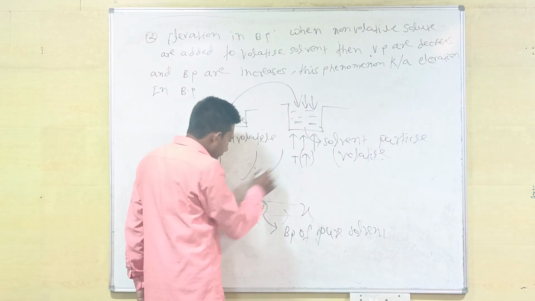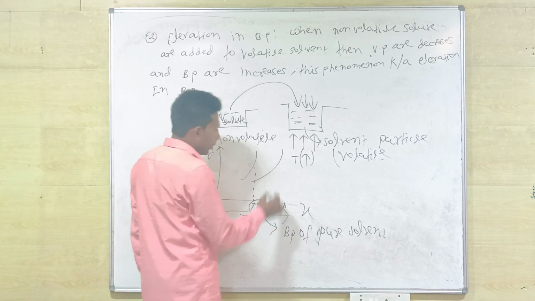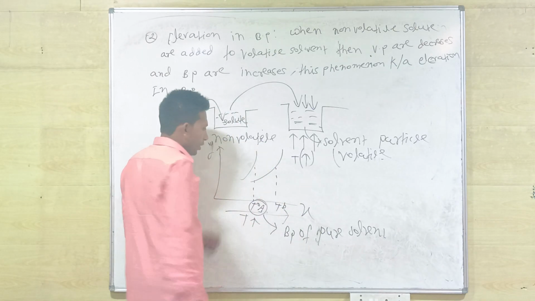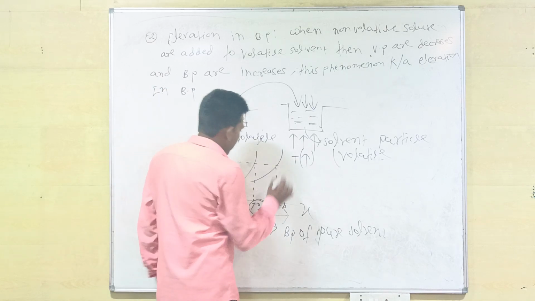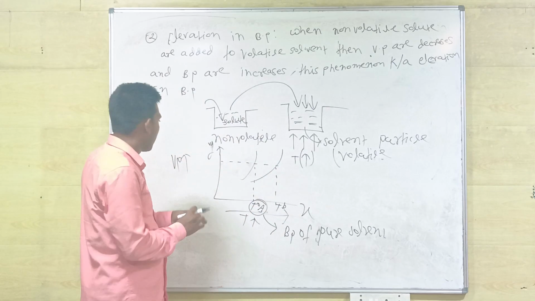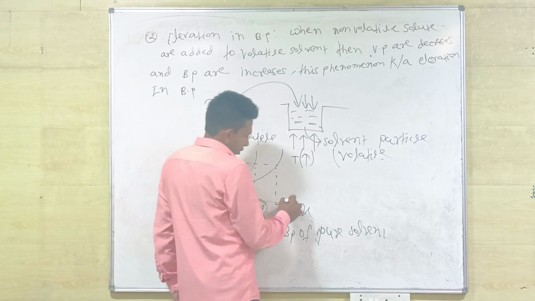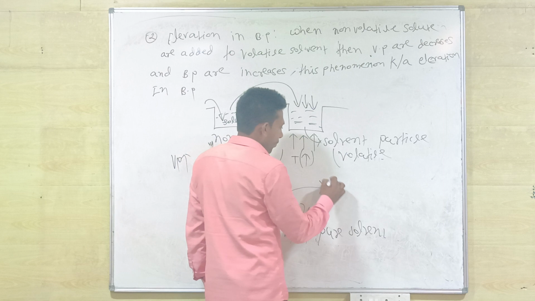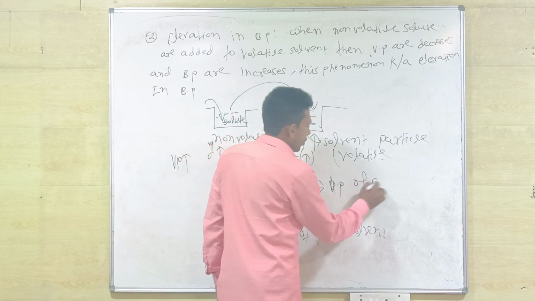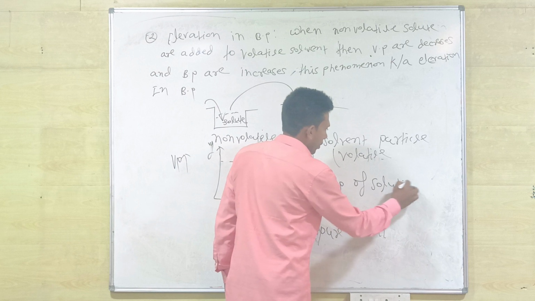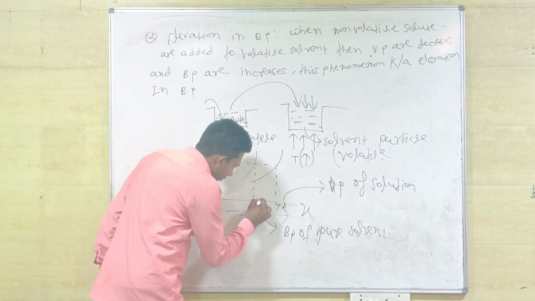If we add a non-volatile solute, then the vapor pressure will decrease and the temperature will increase. After adding, we need some more temperature, and here we assume TB. At this point the vapor pressure is equal, and TB is the boiling point of the solution. Listen properly here.